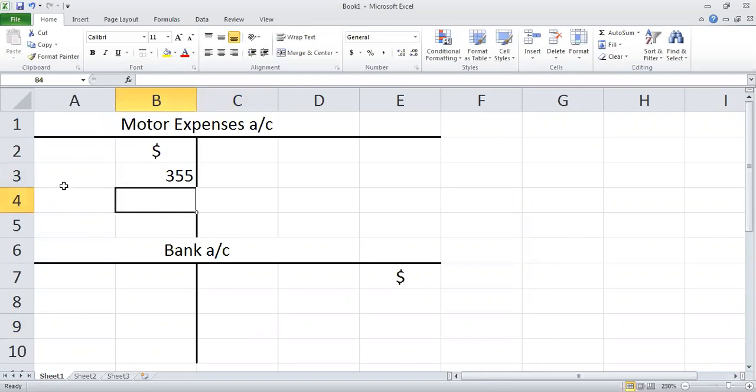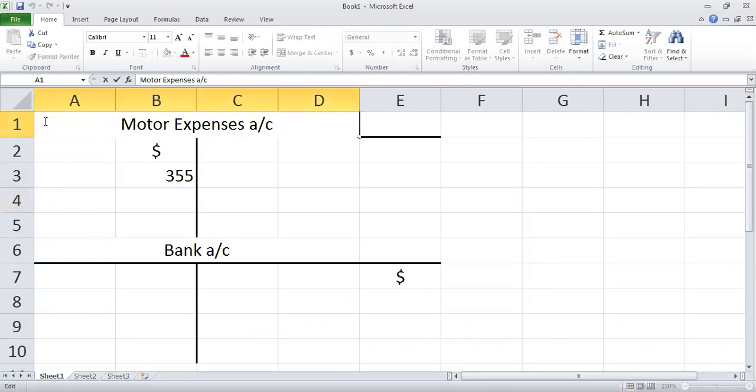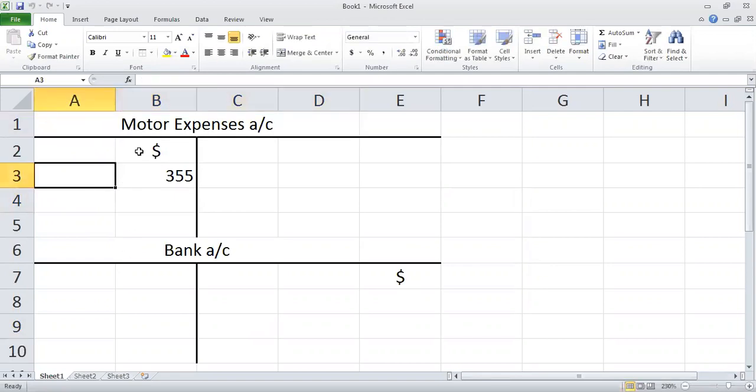This is the left side, otherwise called the debit side. Right side, credit side. Then, because you paid the motor expenses by check, which is from the bank, your bank account is decreasing. The bank is an asset, and when an asset decreases, you make a credit entry. So you credit the account of bank with 355. That's it.